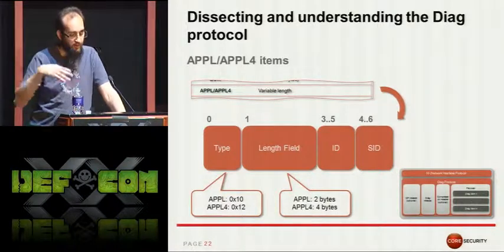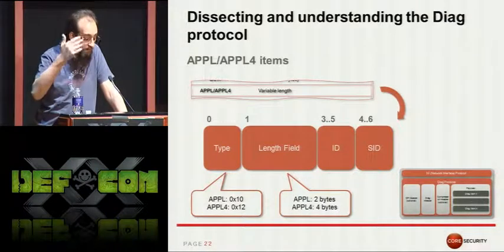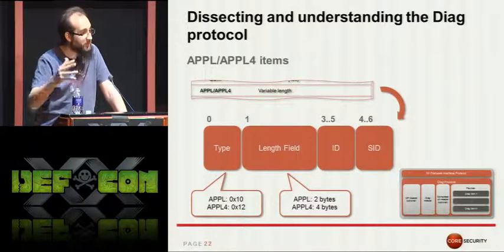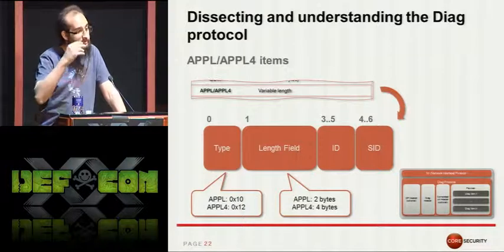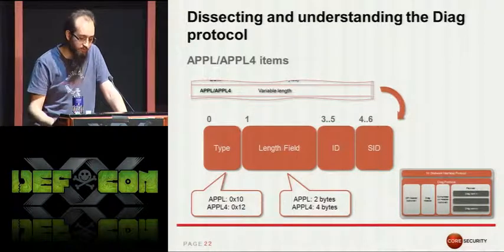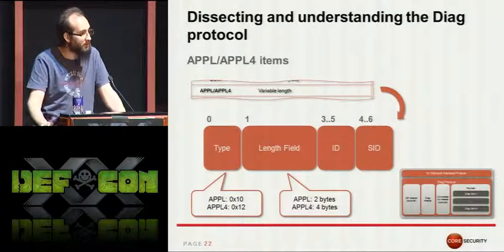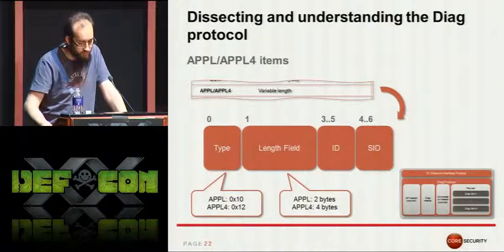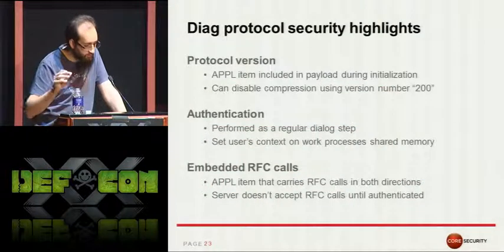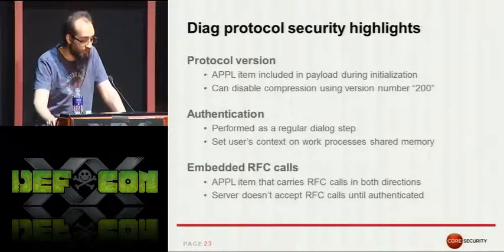So if you look at a Diag packet, you can find several different items and several different APPL items, each one with its own meaning and its own format. So the combination is really big, and the complexity of each packet is also interesting.